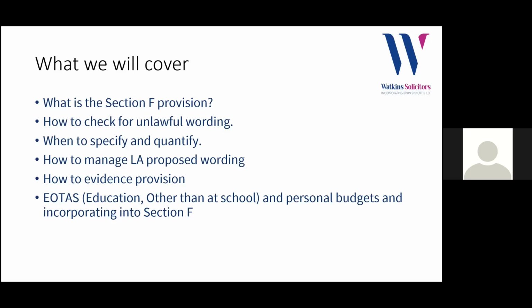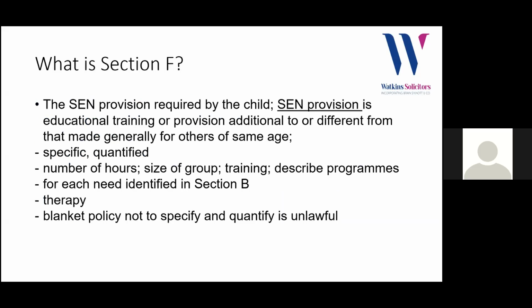I will now begin. Today we're going to cover what section F provision is and how to check for correct wording. It is the SEN provision required by the child: additional provision or training, such as occupational therapy, speech and language therapy, one-to-one support, or specialized teaching.